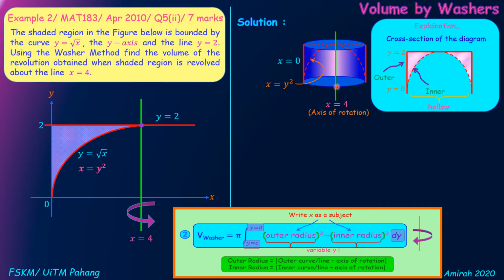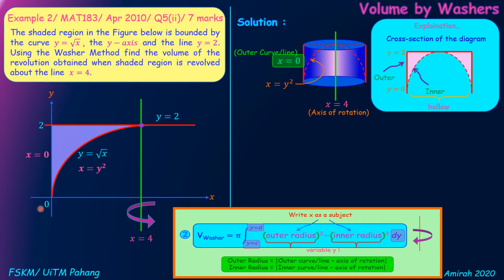From here, x equals to 4 is the axis of rotation. And the straight line here, which is the y-axis, or the line x equals to 0, is the outer curve or line. How do we get x equals to 0? This is from the y-axis.